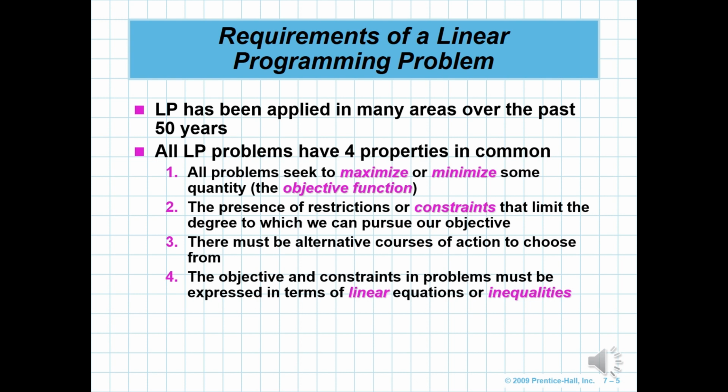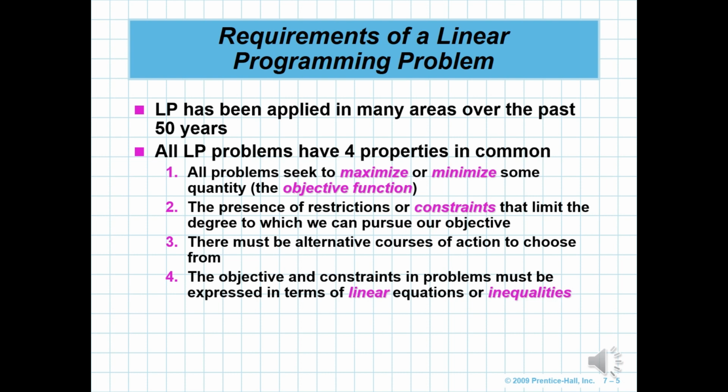The second one is the presence of restrictions or constraints that limit the degree to which we can pursue our objective. In real world problems, we have an objective, and we also have many variables to be considered. These variables need to fulfill certain values, which is known as the constraint in the LP model.